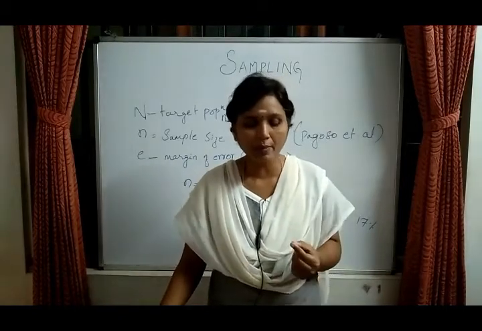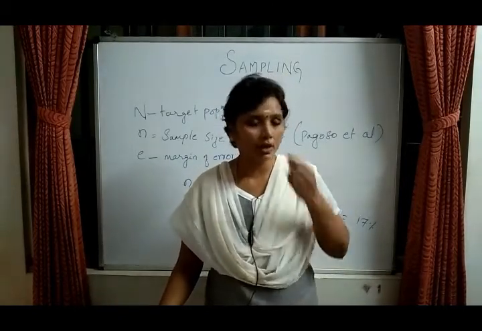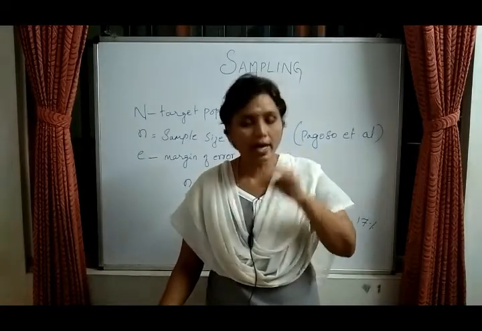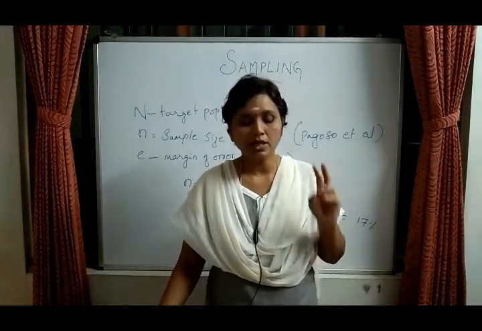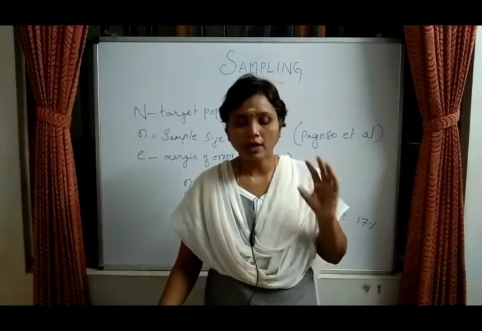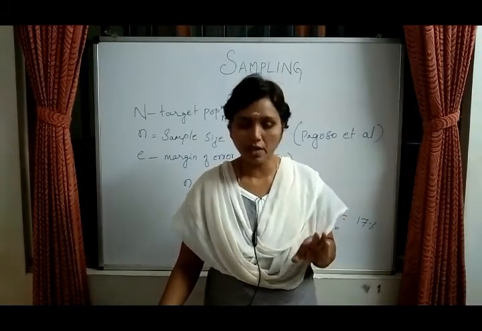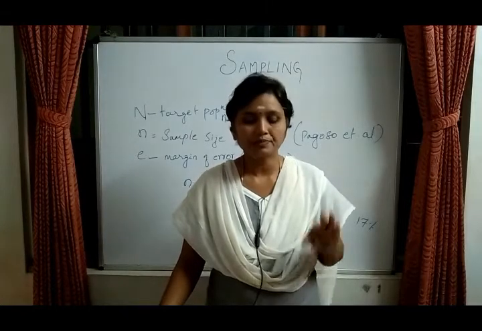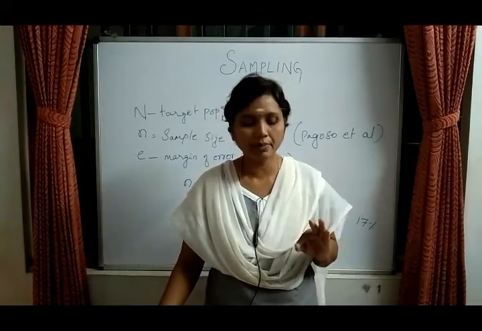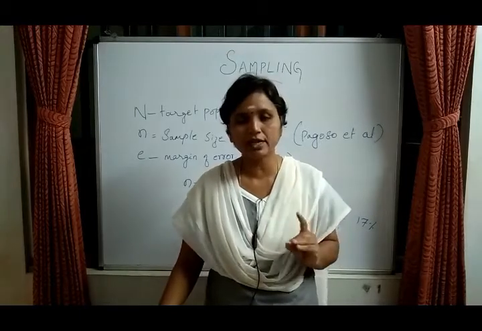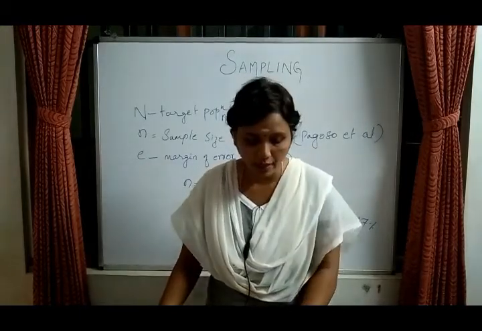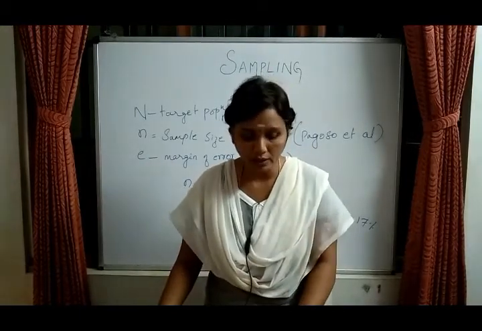In the probability sampling, it is also classified as simple random sampling, systematic sampling, stratified sampling, cluster sampling, and other sampling techniques. Okay, so in the probability sampling, there is simple random sampling, systematic sampling, stratified sampling, and cluster sampling. We will see one by one what they are.